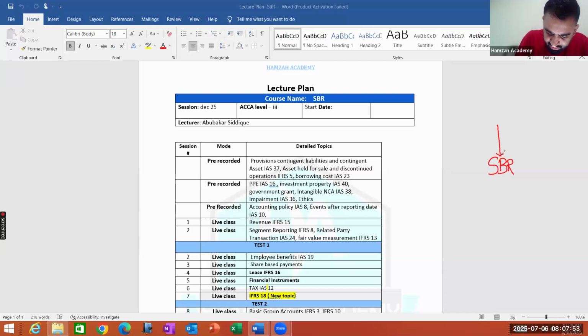Before SBR, the paper which provides the foundation of SBR, we have studied at skill level, that was financial reporting. And now after financial reporting, the final paper of the reporting is Strategic Business Reporting, SBR, in ACCA.